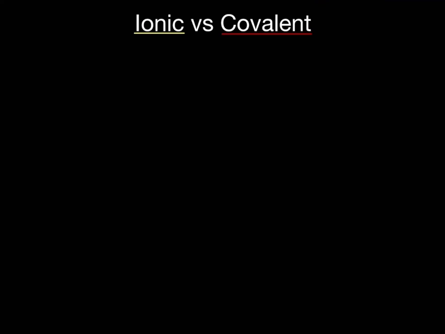So now, for a last example, let's go through an ionic compound that has all polyatomics. Let's say we have ammonium, which has a positive 1 charge, and hydroxide, which has a negative 1 charge.